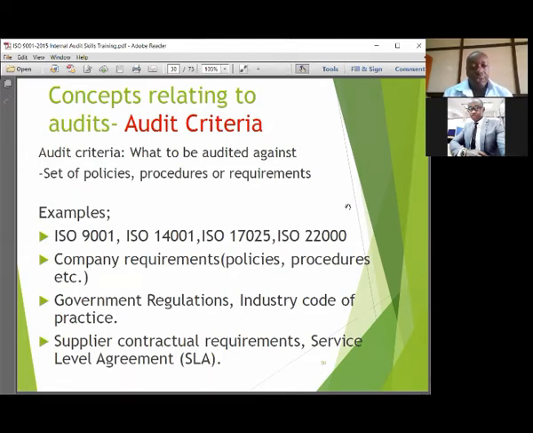Or if we are doing an audit for a supplier, it will be maybe supplier contractual agreements or service level agreements that will act as your audit criteria. But it will have to be defined. For each audit, in the audit plan, will be shown what audit criteria we are going to use.